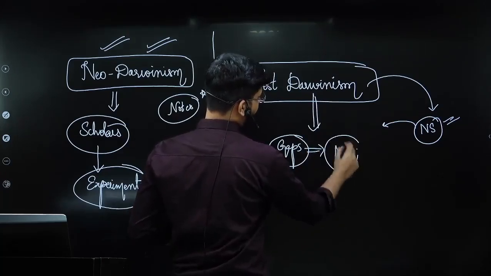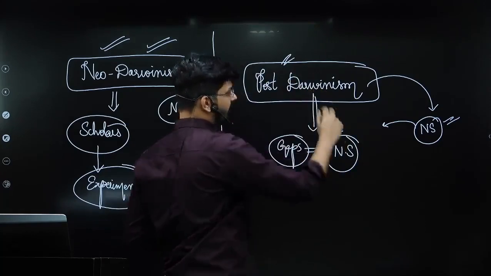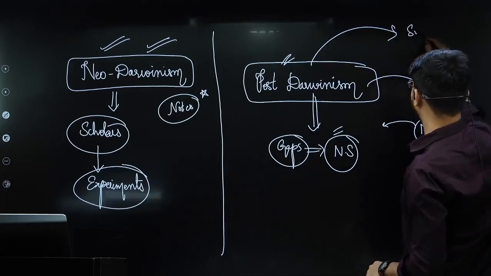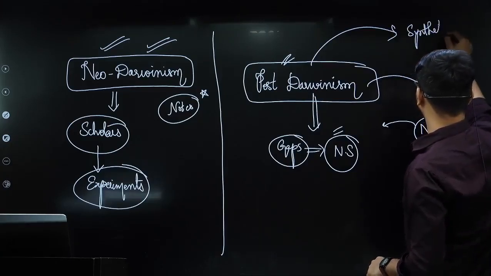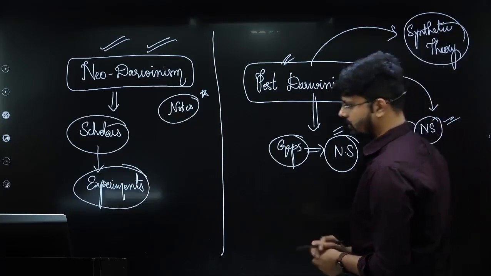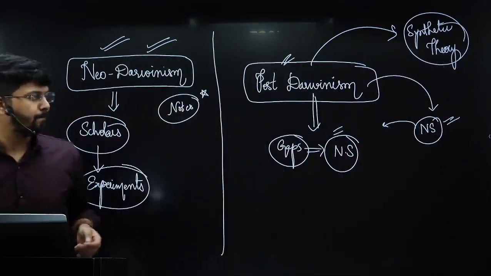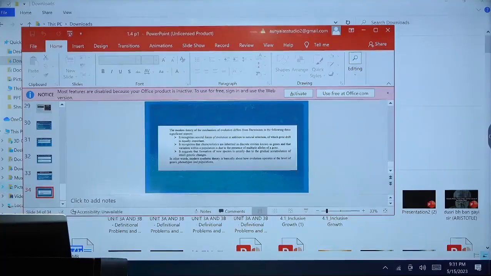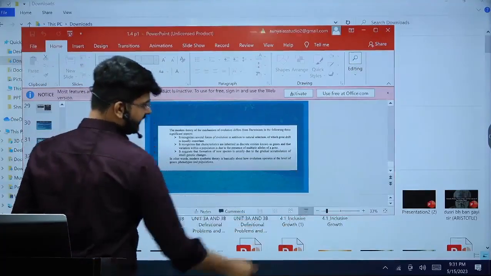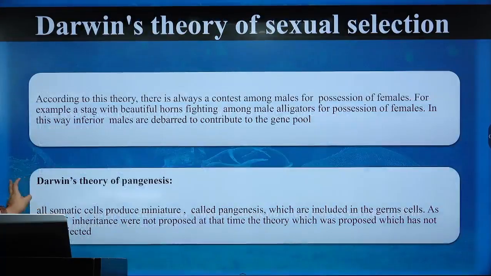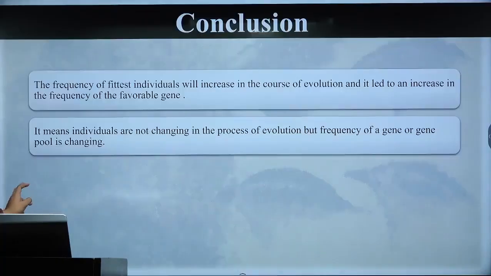The post-Darwinists' attempt to fill these gaps is known as the synthetic theory of evolution. This is with respect to post-Darwinism. Synthetic theory we'll do in the next class. Before that we'll see Cope's law and Dawes.